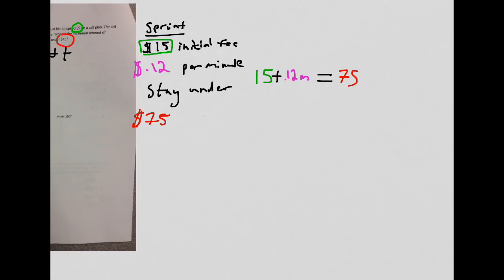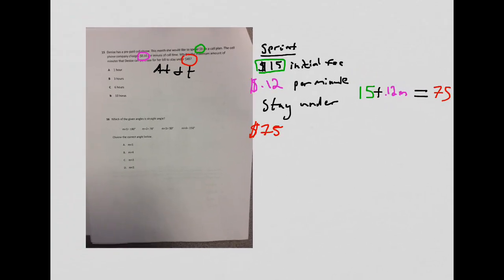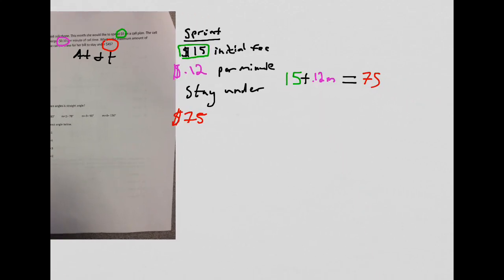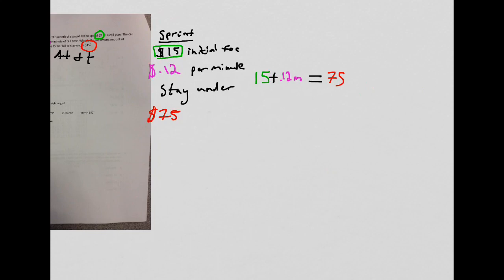Okay, so we've got this equation here. All we need to do now is solve for minutes. But, sorry, the answer choices are in hours. So make sure once you solve for the minutes, you have to convert it to hours. Okay, so we're going to take care of the addition or subtraction first.